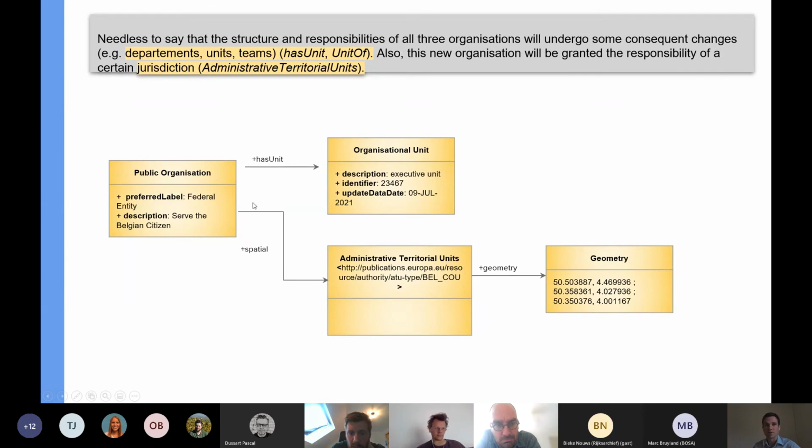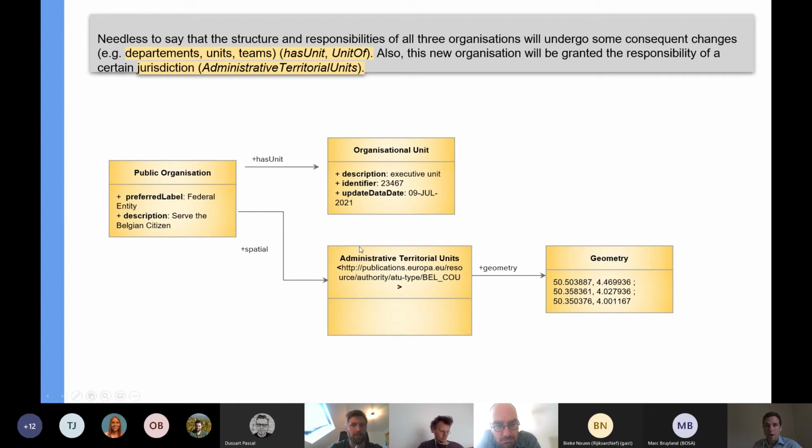And then this public organization has a mandate or covers a certain territory, which is here identified using a European code that is maintained directly by the European Publications Office.